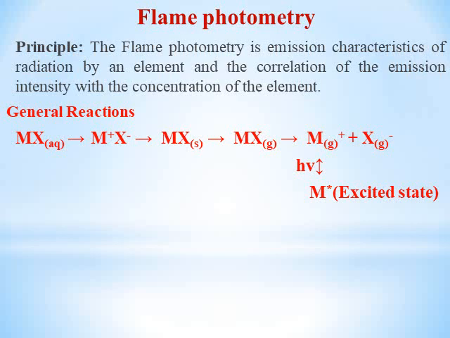When this metal gets excited into higher energy levels, it comes back to its ground state by emitting a certain frequency of radiation, which is h nu. That emitted radiation is called the emission intensity, and it corresponds to the number of atoms in the excited state.